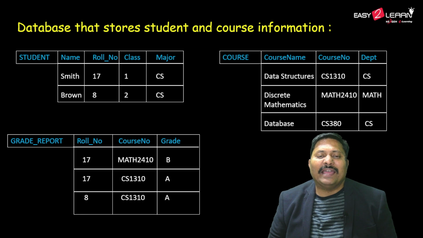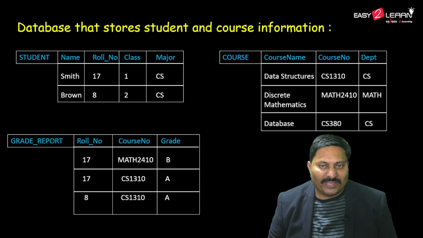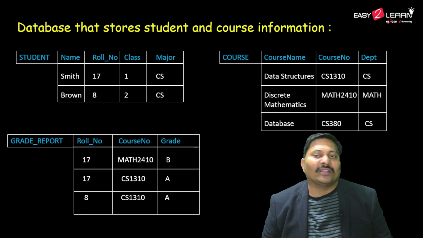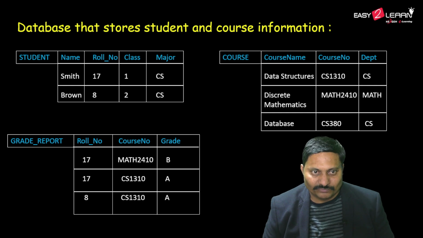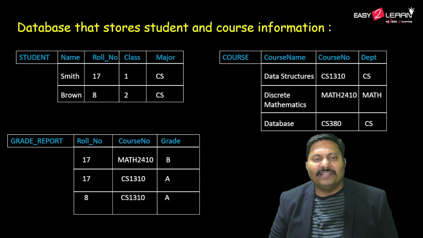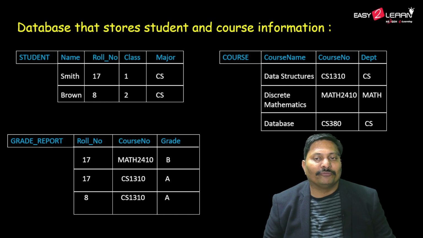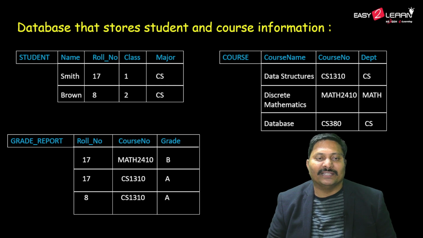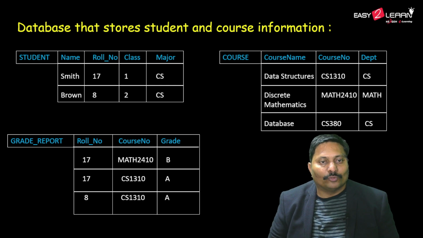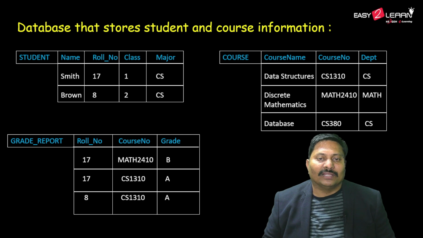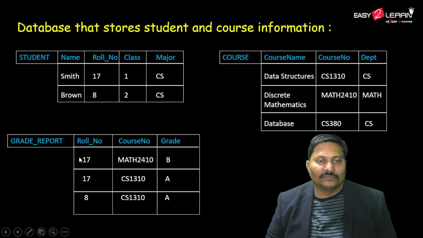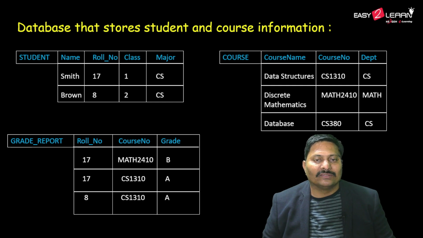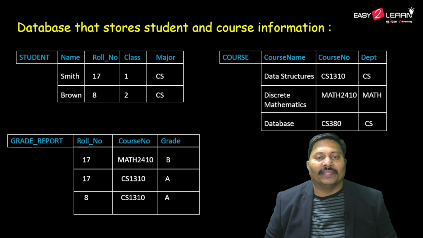As we learned, defining a database involves specifying the data type, structures and constraints for the data that we are going to store in the database. Specifying the structure of each record means specifying the different types of data elements present in that particular record. So here we have three records: the student record, the course record, and the grade report record. And these columns are called data elements in each record.